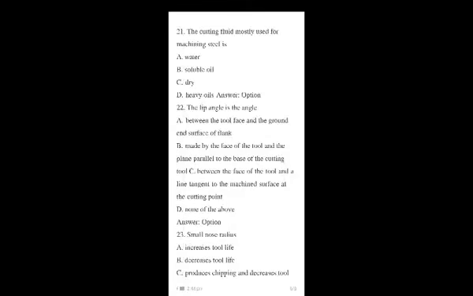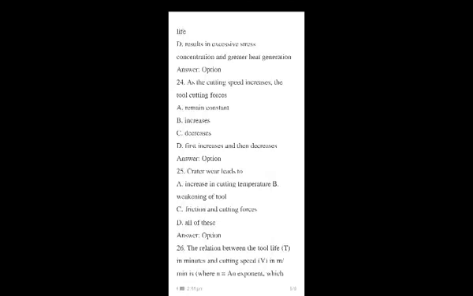Now next question, the cutting fluid mostly used for machining steel is soluble oil. Okay, the lip angle is the angle between the tool face and the ground end surface of the flank. So next question, small nose radius results in excessive stress concentration and greater heat generation.